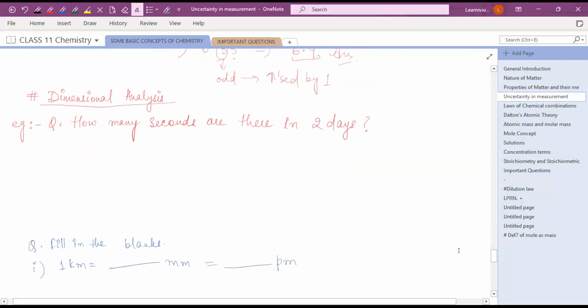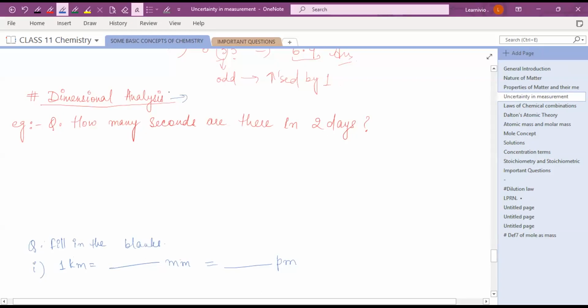Now here's a term, dimensional analysis. Dimensional analysis means that in calculations, there is a need to convert units from one system to another system. The method which is used to accomplish this is known as dimensional analysis.